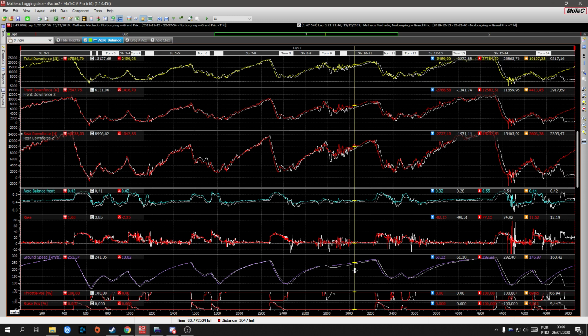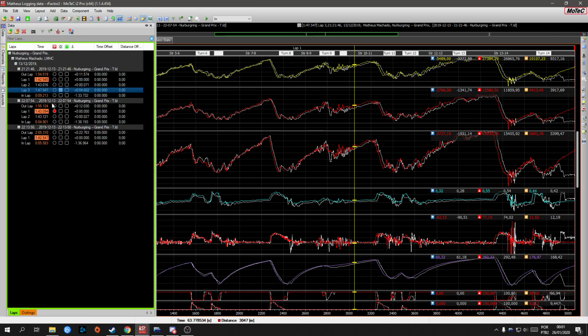I'm about 10 kilometers per hour slower, and if I didn't have that speed graph, I might say, oh, there's a problem with the car because it's generating much less downforce than it was before, but it's not a problem with the car at all because it's just slower, so it's going to move less air and generate less downforce as a consequence. So yeah, I highly recommend having that in when you're looking at any kind of aero data.